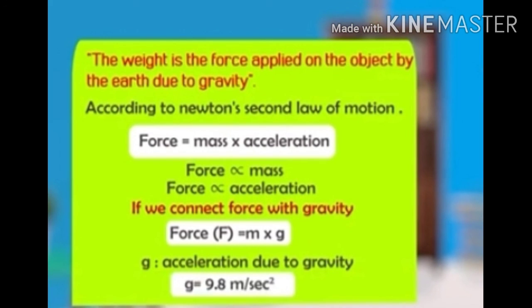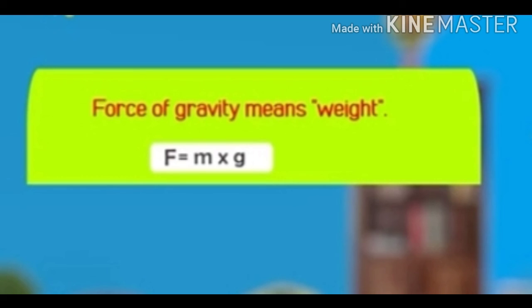We know the value for g also: 9.8 meter per second square. To relate this with the weight, just now we discussed that the force of gravity means weight.